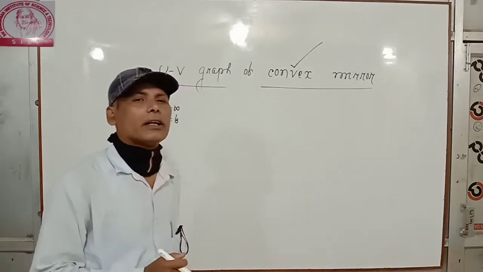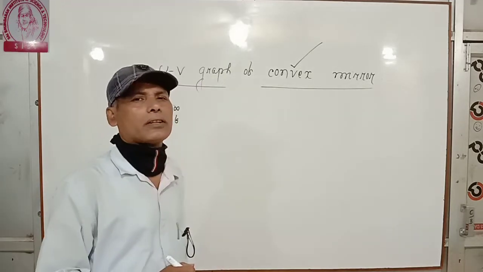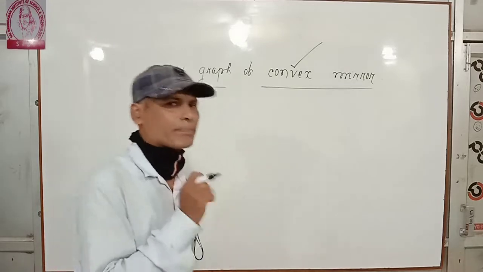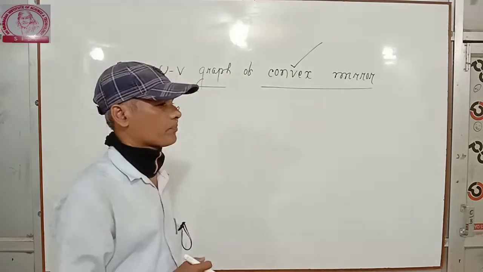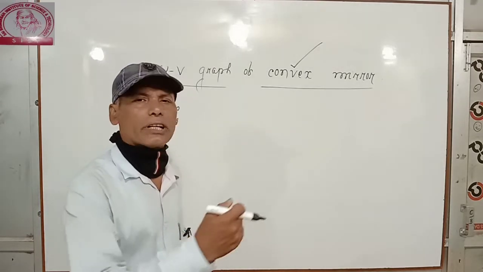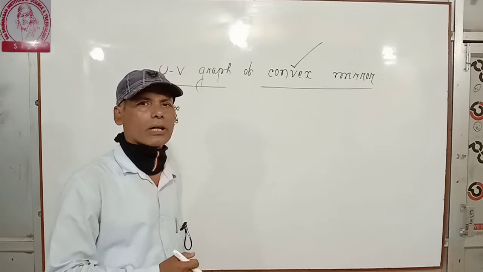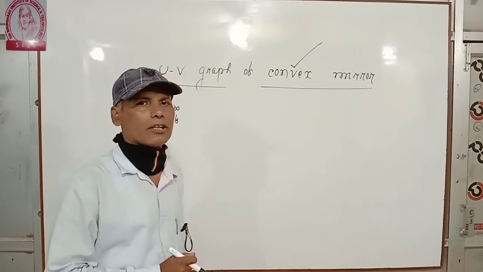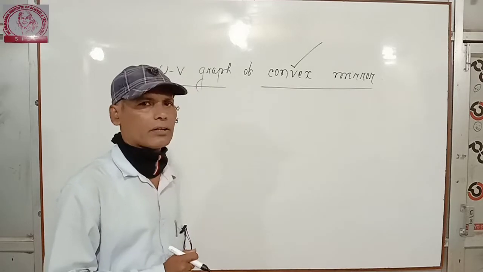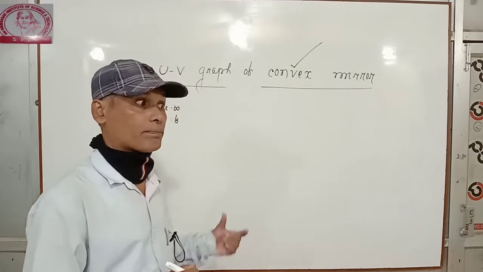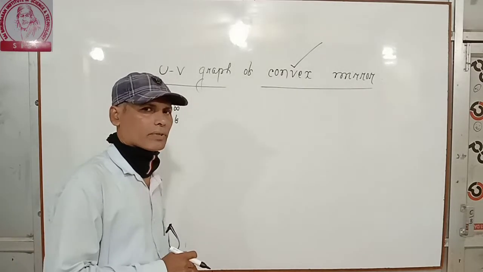If the reflecting surface, either in case of concave mirror or in case of convex mirror, faces the negative x-axis, no doubt the object must be placed in front of the mirror, means the object distance will be negative. Okay?